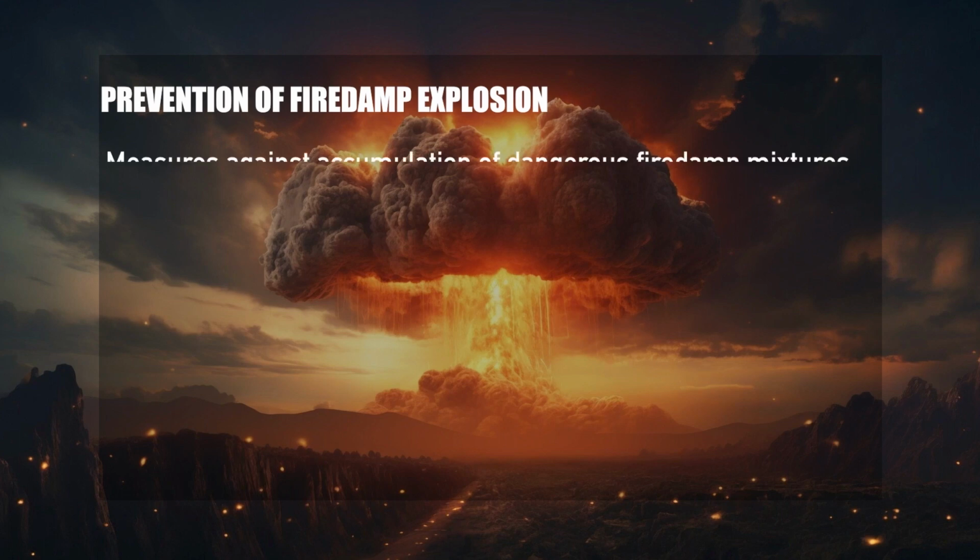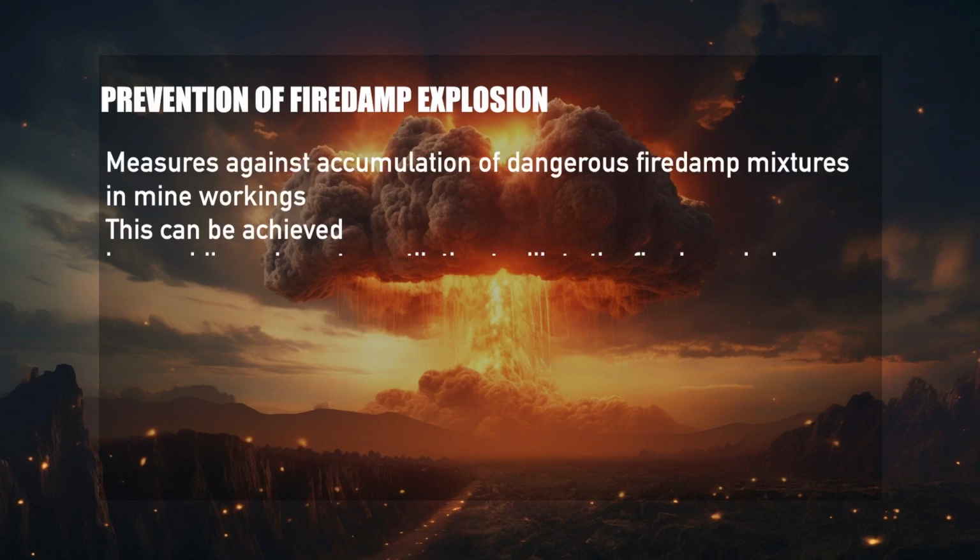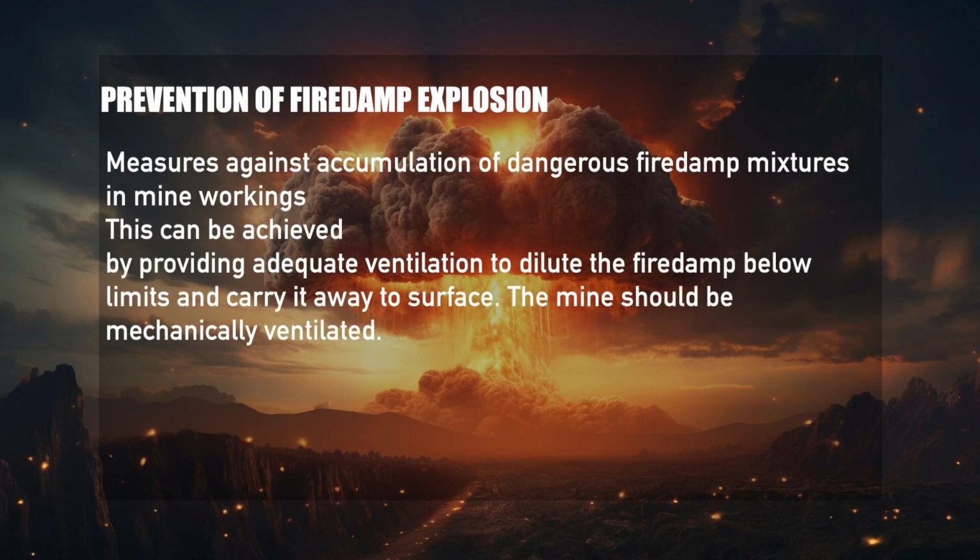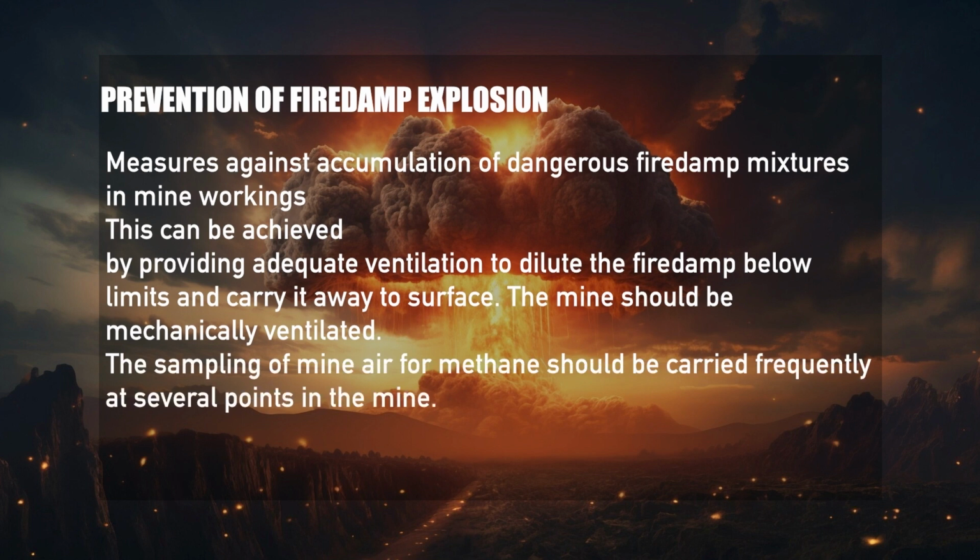Measures against accumulation of dangerous fire damp mixture can be achieved. How? By providing adequate ventilation to dilute the fire damp below the limit and carry it away to the surface. The mine should be mechanically ventilated, because naturally ventilated mines do not provide sufficient air velocity to dilute methane.